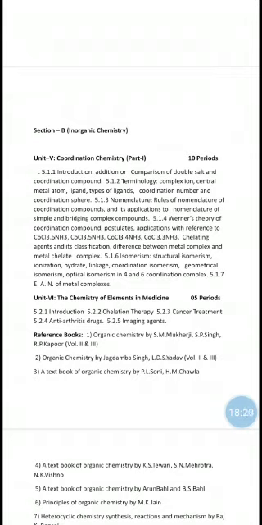After completion of all these topics, we will see a very important topic for your exams, that is the EAN rule. This is called the effective atomic number rule of metal complexes. This is a very important topic because mostly questions are asked on the EAN rule, at least for 2 marks.